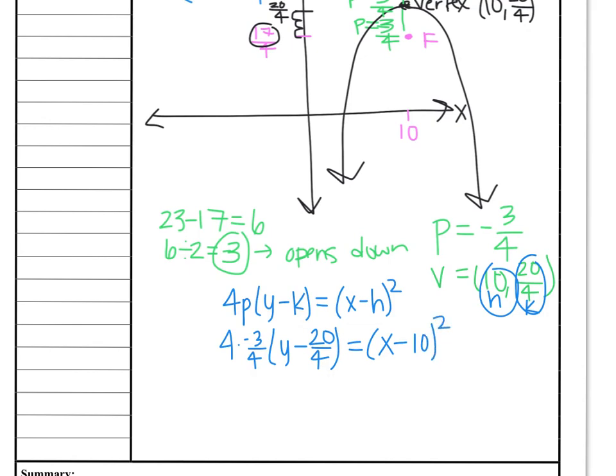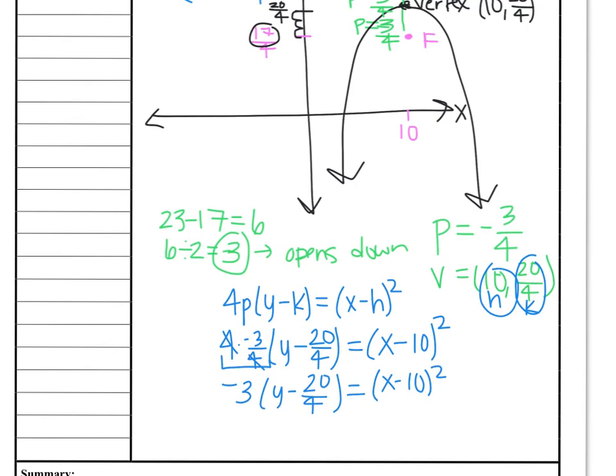Okay, then from here we want to simplify on the outside. So 4 times -3/4 simplifies down to -3 because those 4's cancel out. You're left with -3, parentheses y minus 20 over 4. And then just copy the right side down.